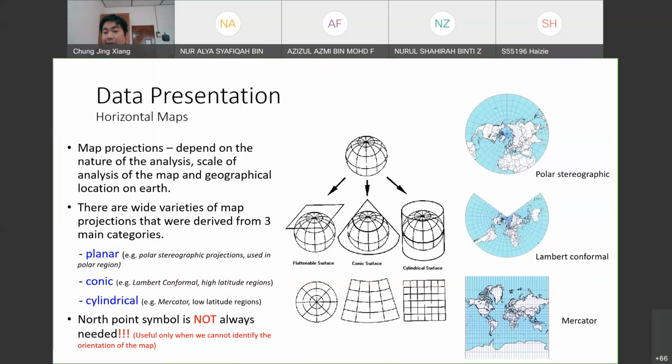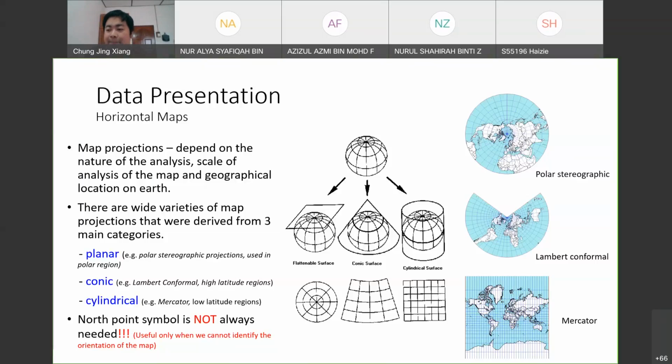There's no way. So how do people draw maps then? They have to find a point where they can flatten the Earth. There are three ways. One is called planar, meaning you flatten the Earth from the pole. Usually the projection is polar stereographic projection, used in the polar region. If you conduct a study over Antarctica or the Arctic, planar is what you want to use.